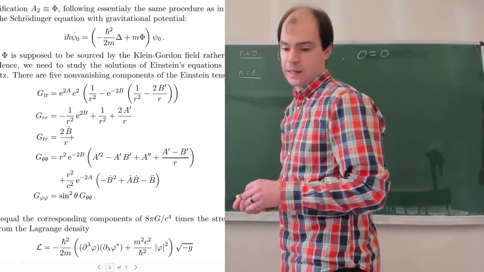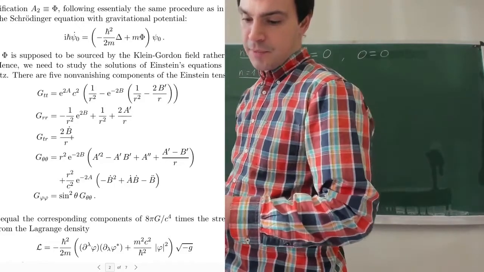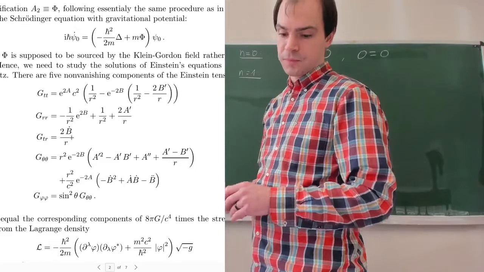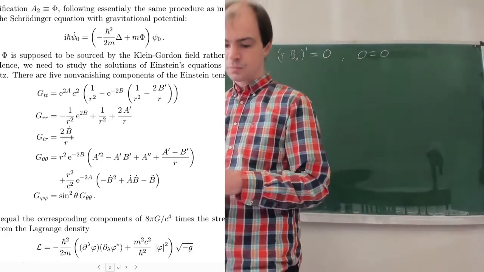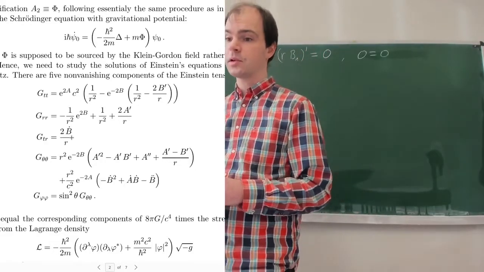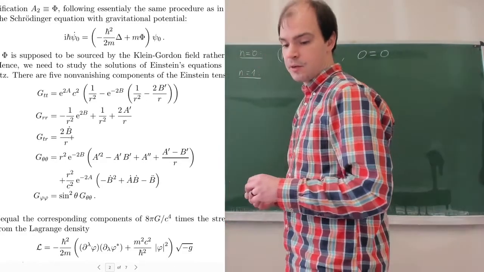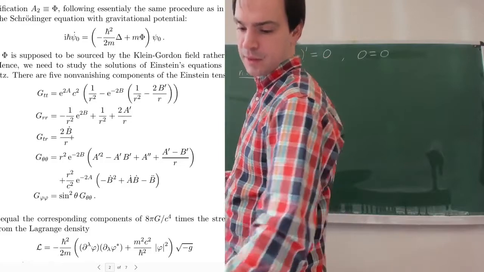And again, at n equals 1, we get no contributions from the other components. We just get a non-trivial contribution from the TT component.